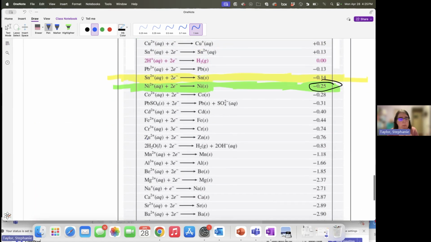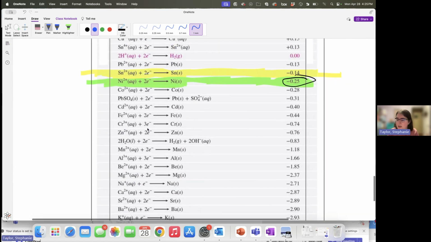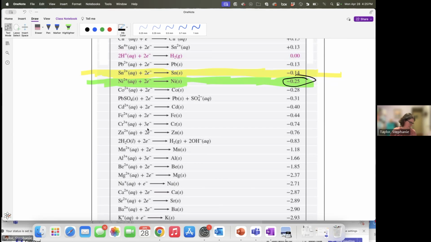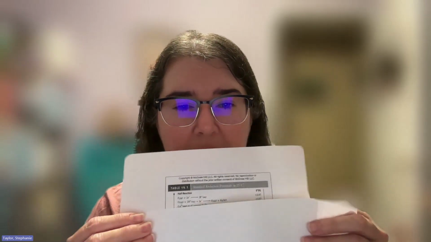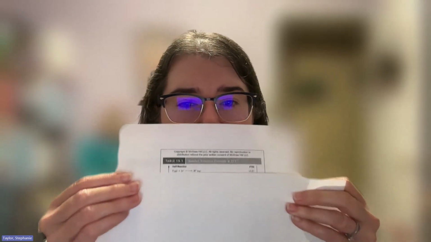One of the things I usually encourage people to do is use another piece of that scratch paper as a straight edge to go across, so that as I'm looking at things, I make sure that I can actually go straight across instead of accidentally going down one.